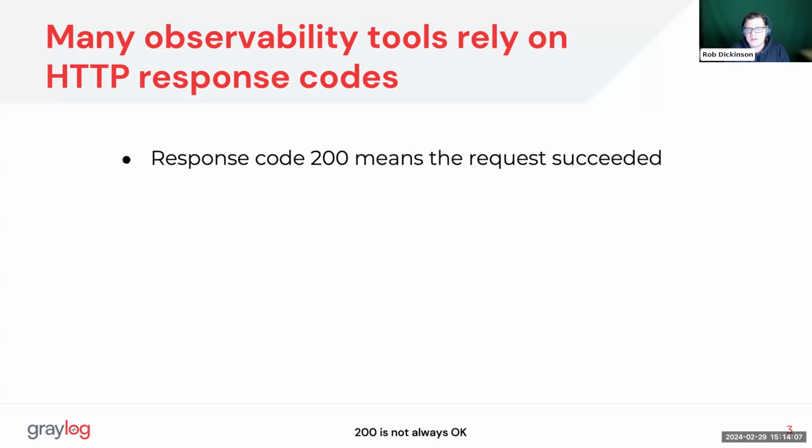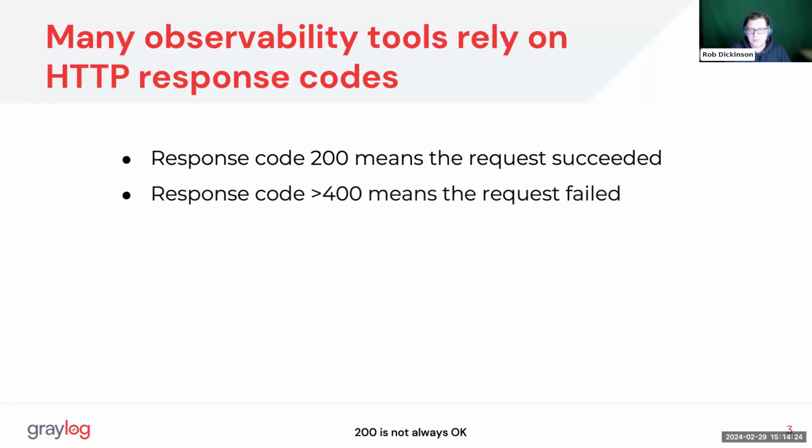And the basic idea there, as many of you probably already know, but just to make sure we're clear on the problem statement, typically the convention that we expect here is that the response code 200 means that the request has succeeded, and that a response code above 400, so either in the 4XX range or the 5XX range, typically means that the request has failed.